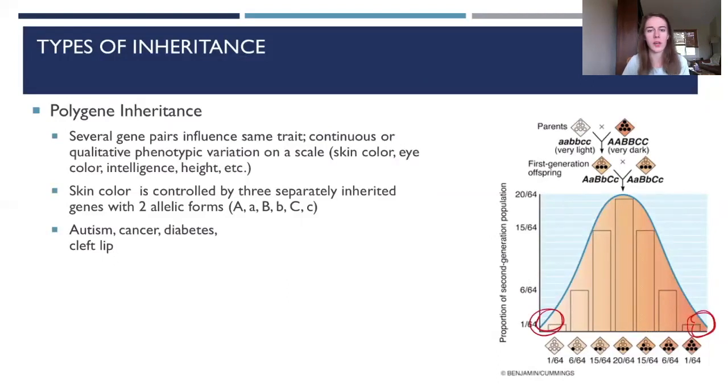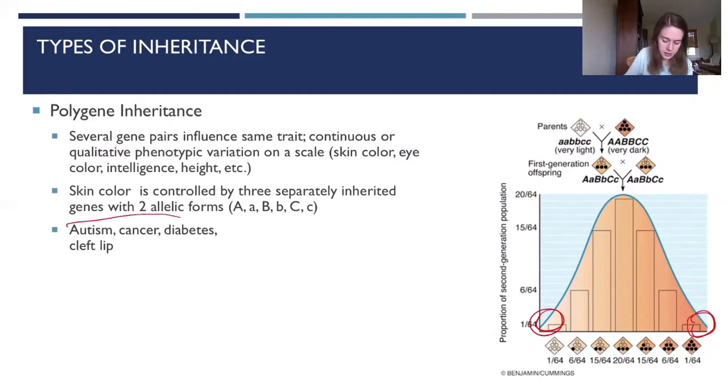But then, of course, we also have environmental factors that can affect these things. So it's not just a simple outcome in a lot of this stuff, because you have multiple genes affecting traits and you have environmental factors that can come into play.